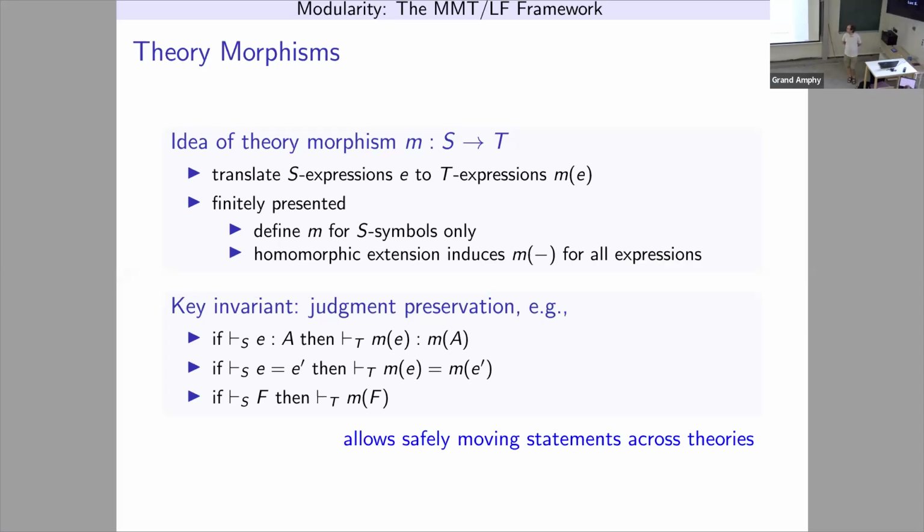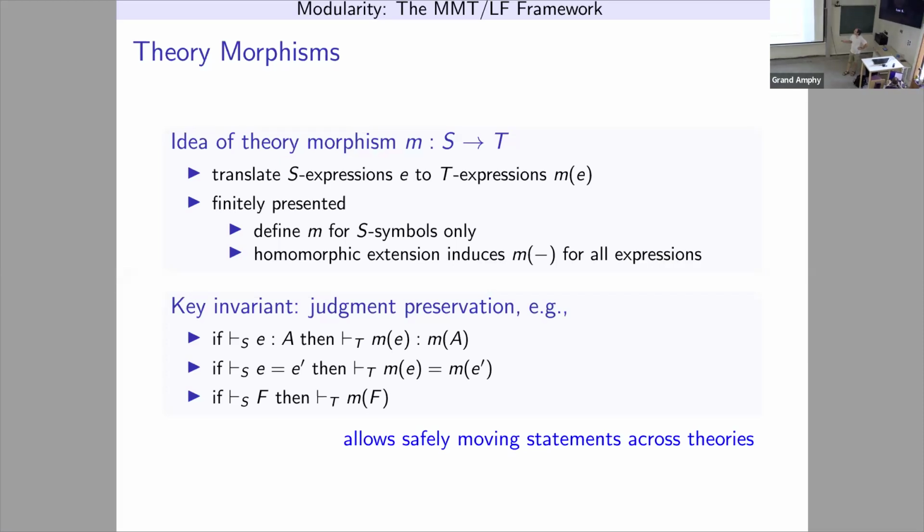So in the end, the theory morphism has to map all expressions of the source theory to expressions of the target theory. So S and T are theories, and our morphism is going to map everything that S has, like every syntax, context, types, expressions, and so on, to corresponding syntax over T. It's going to have degrees of freedom only for the symbols.